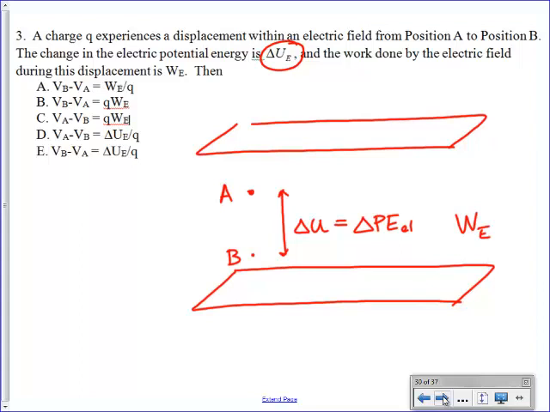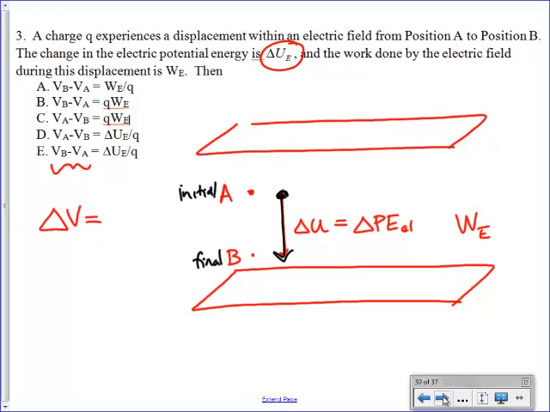Okay, now we're supposed to come up here with an expression for voltage, essentially. So voltage is going to be the potential difference. They tell us that this object is moved from position A to position B. So let's be careful about our distance here, from A to B. So this is my initial, and this is my final position.